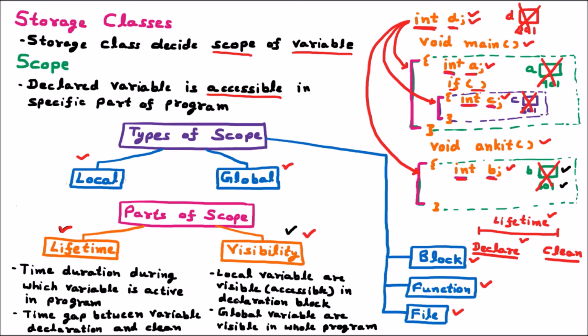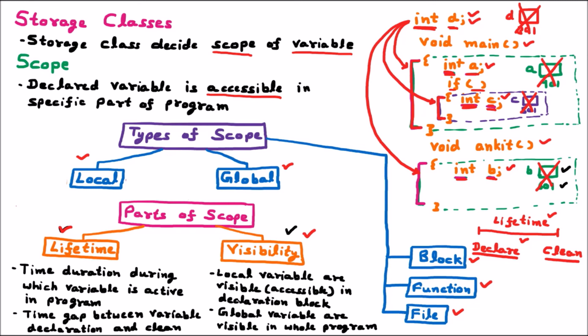The second thing under the scope is the visibility of a variable, meaning where the variable is visible. If we declare a local variable like int C, it is inside the boundary of if only, that is a block. The int A is a local variable accessible inside the boundary of main only, which is the function scope.